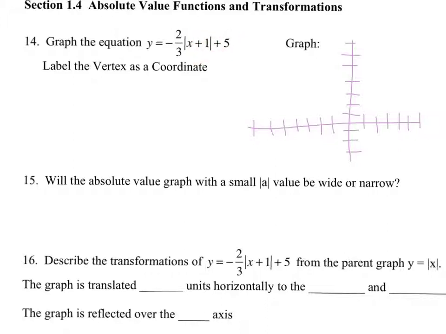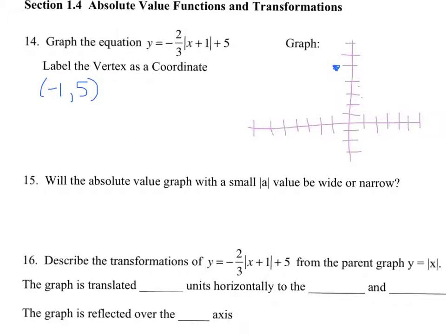So the h is a negative 1, because remember it's opposite of what is inside with the x, and a positive 5. So I'm going to label my vertex as negative 1, comma 5, and I'm going to plot that on my graph. Negative 1 comma 5 right there.